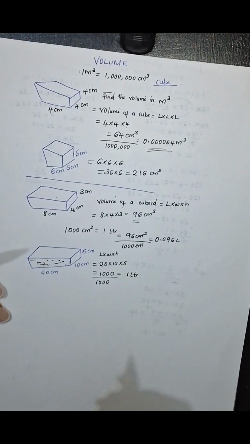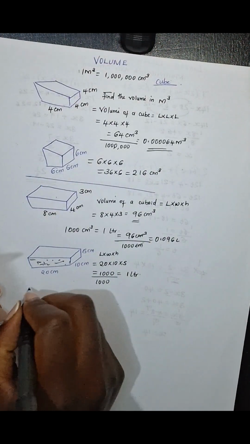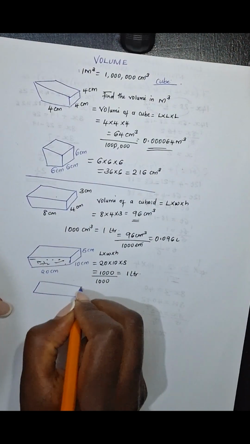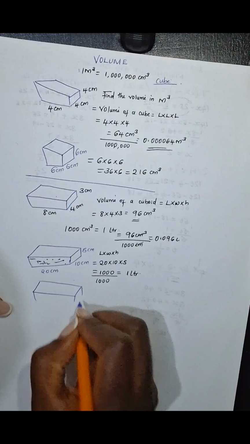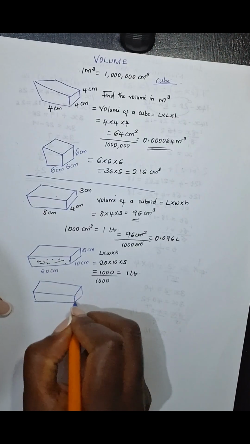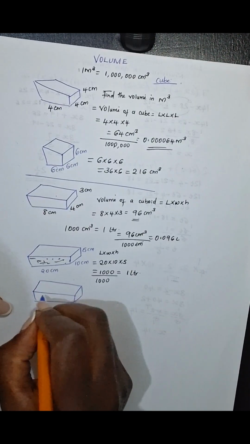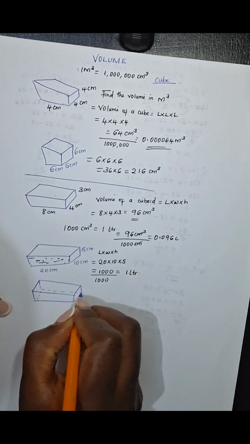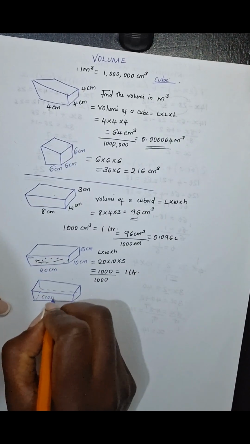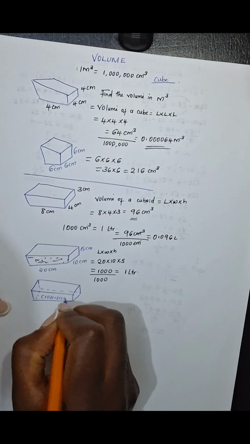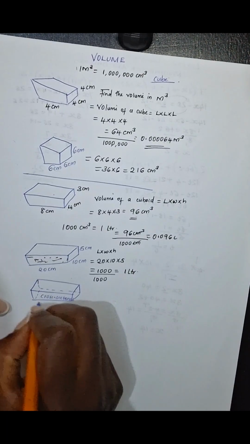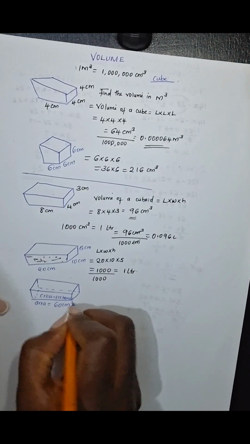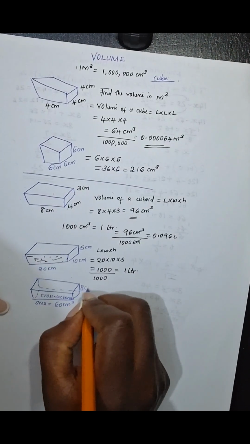So assume you have been given this. So you have this one here. You are not given the length anymore, okay? But you have been told that the cross-sectional area is 60 centimeters squared, while the height is 8 centimeters.